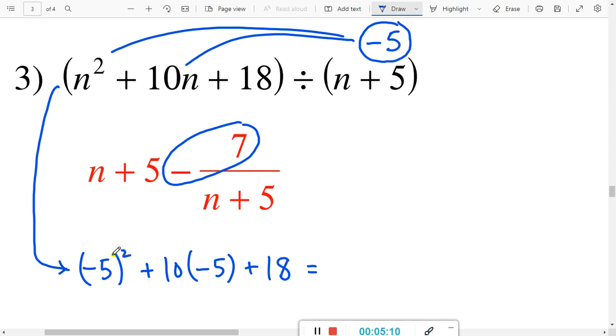All right, negative 5 squared is 25. 10 times negative 5 is negative 50. Plus 25, that's negative 25. Plus 18, that's negative 7. So as you can see, I got the remainder just by plugging in negative 5.